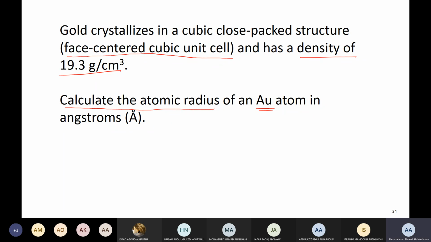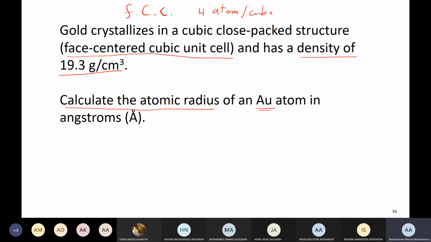The first information that we have is that it's a face-centered cubic. This means there are 4 atoms per cube. You have to know this.